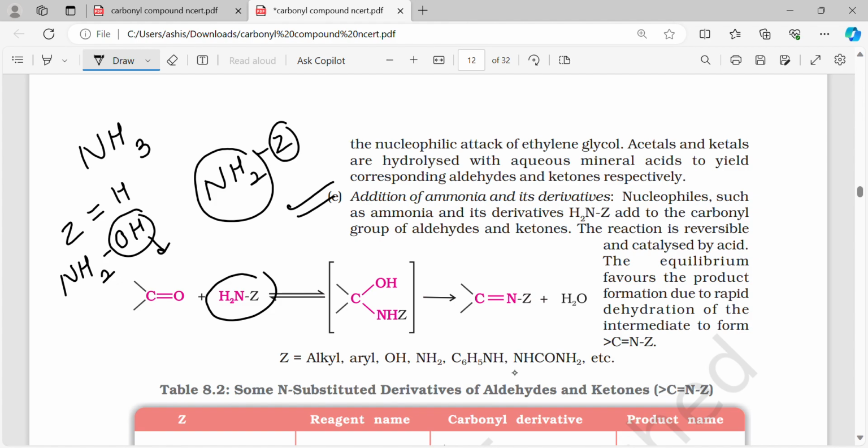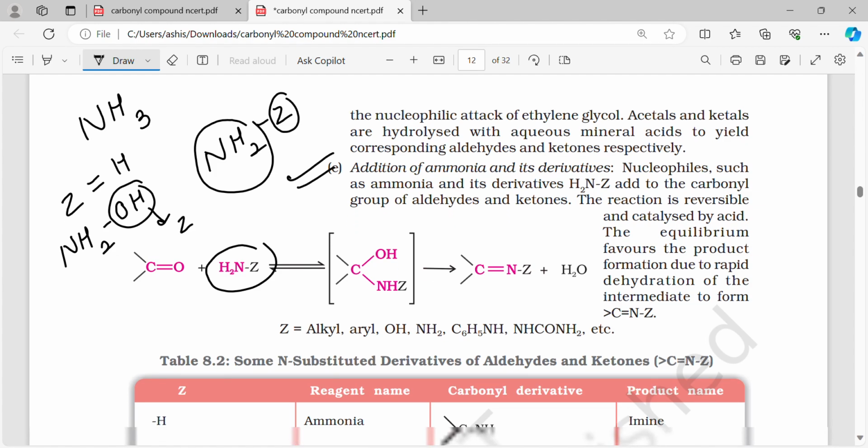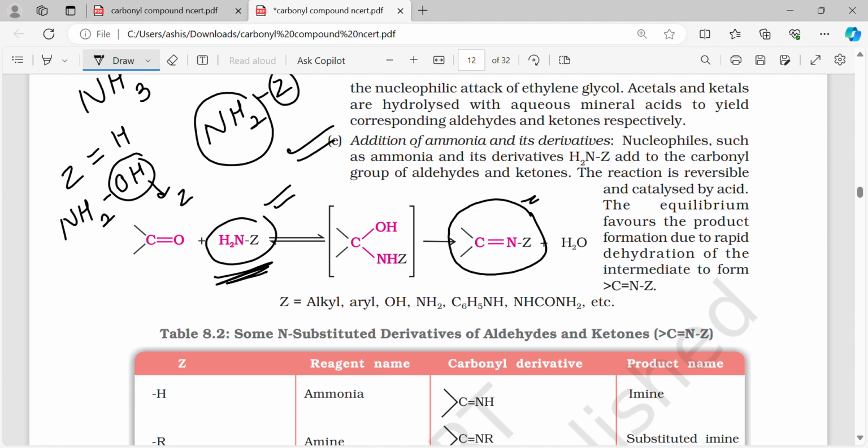In the case of ammonia, Z is H. But if we are talking about hydroxylamine, that is also an ammonia derivative. So what is Z here? Here Z is OH. So if we are taking ammonia or an ammonia derivative, meaning NH2Z, then we will get our compound like that.